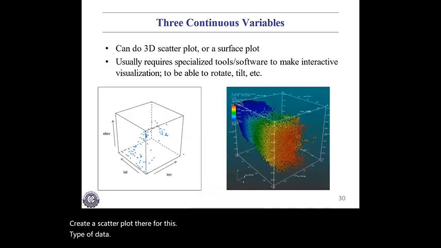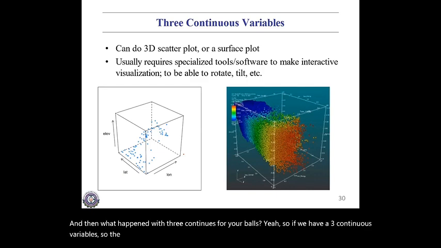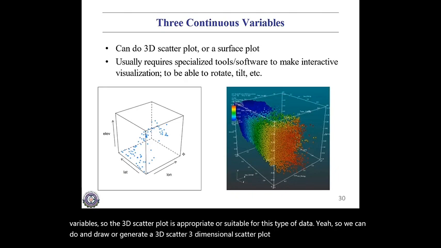And then what happens with three continuous variables? If we have three continuous variables, a 3D scatter plot is appropriate for this type of data. We can generate a three-dimension scatter plot, or a surface plot.